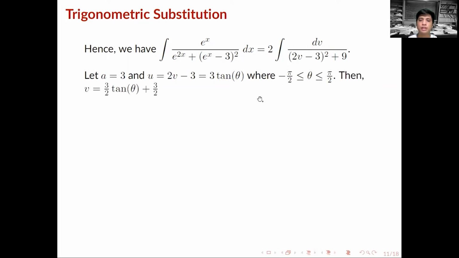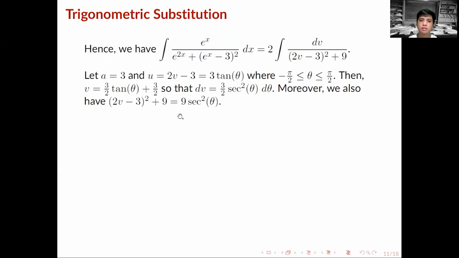And then we find an equation for v, which is 3/2 tangent theta plus 3/2. And from that, we will take its derivative to obtain dv, which is 3/2 secant squared theta d theta. And afterwards, we will substitute 3 tangent theta for the quantity 2v minus 3 to obtain this 9 secant squared theta.